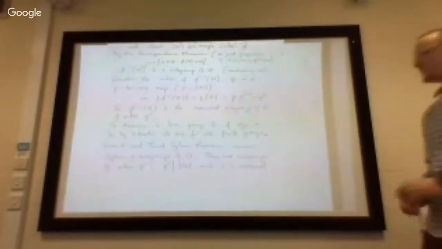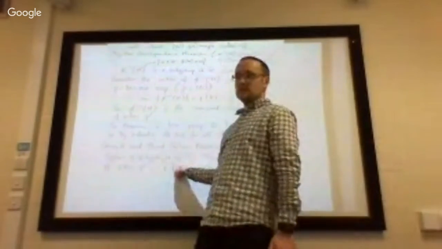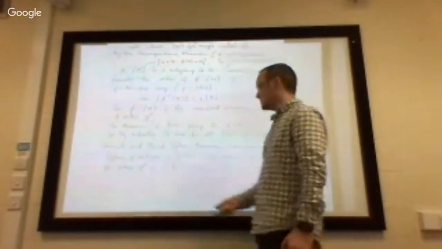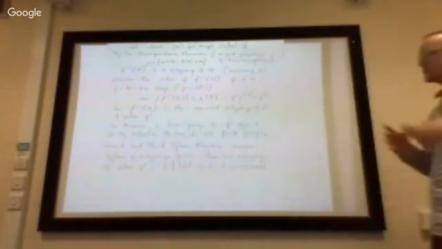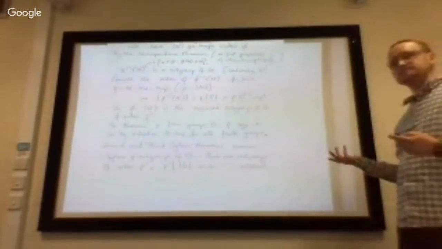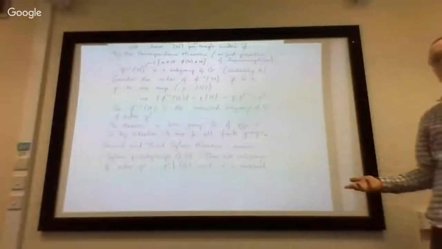So p to the r is the full power of p in the prime factorization of the size of G. Those are the Sylow p-subgroups, the largest p-subgroups that G has. We know these exist by the first theorem, but the first theorem doesn't say anything about the number of them that there are.